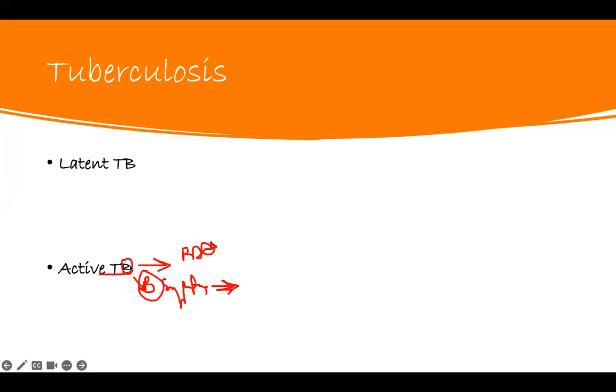So there's TB, tuberculosis B. B symptoms include night sweats, weight loss, anorexia, and fatigue. This is common for patients who have lymphoma or leukemia.